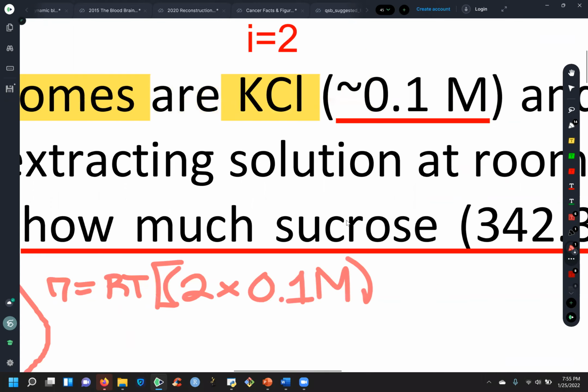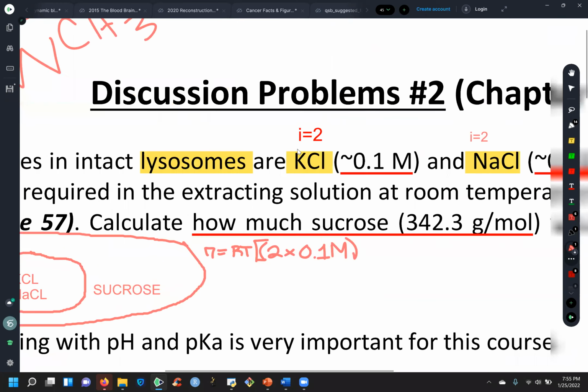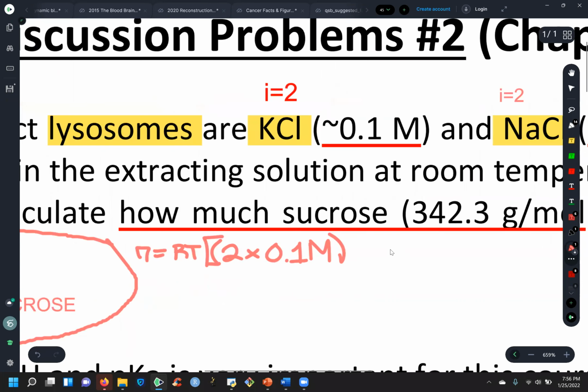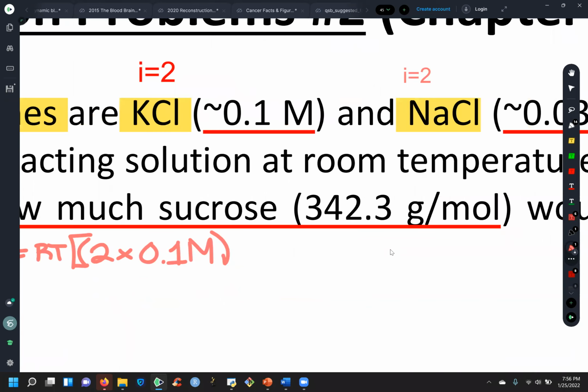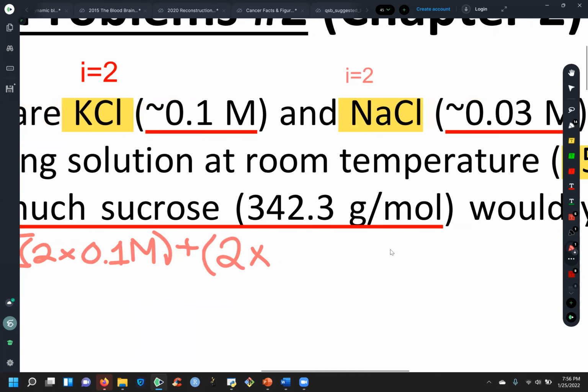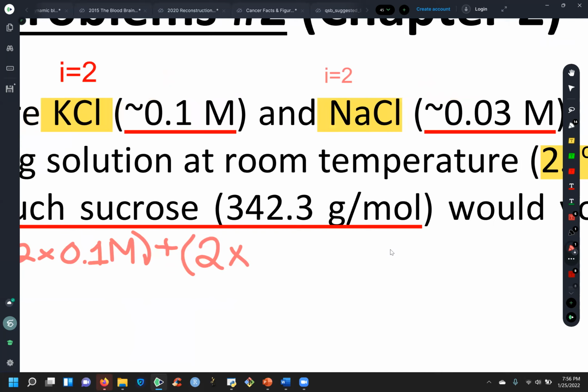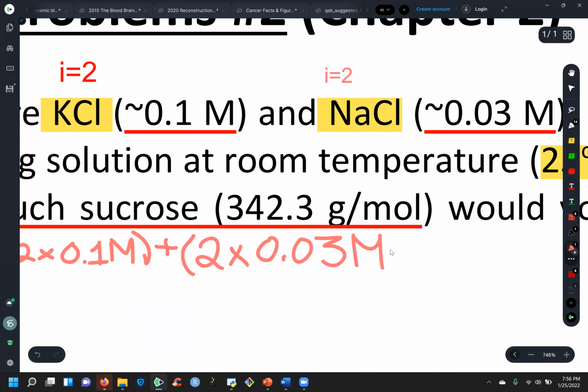We would be done if we only had potassium chloride inside the lysosome, but they gave us two compounds. You don't have to be scared. It's better that they did it this way, because if they give you two on an exam, you should know how to do it. You put a plus, and then work out the i for sodium chloride, which is also 2 because it dissociates into 2 ions, and then add its concentration, 0.03 molarity.